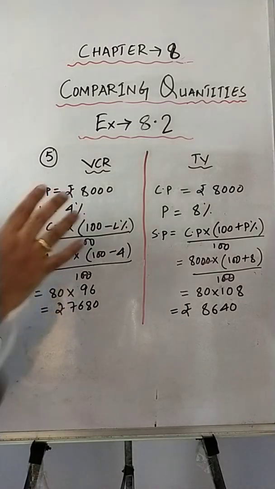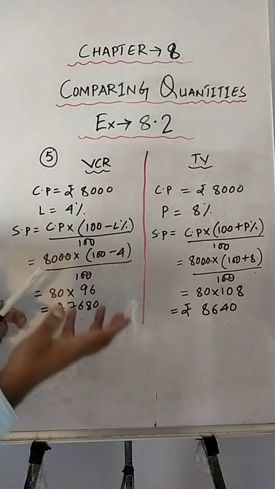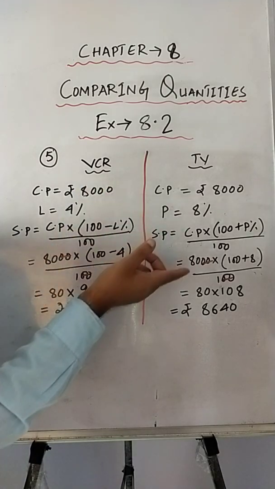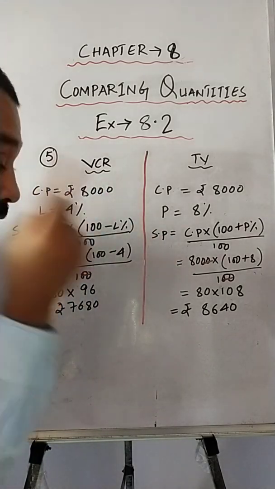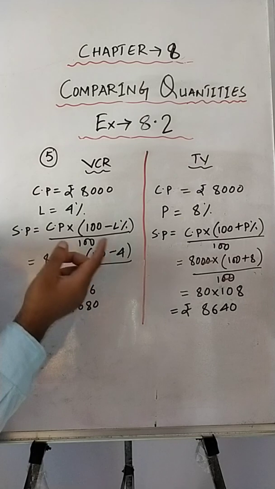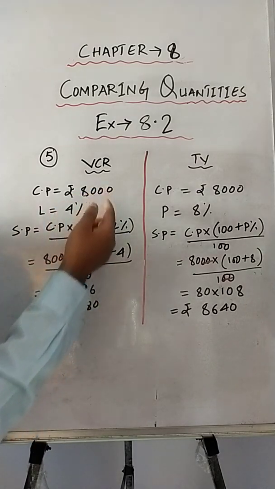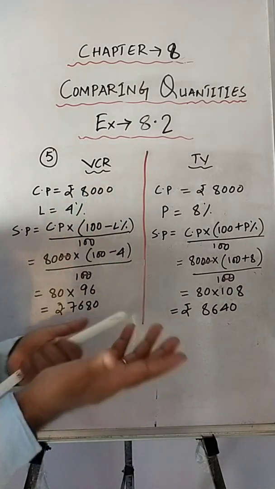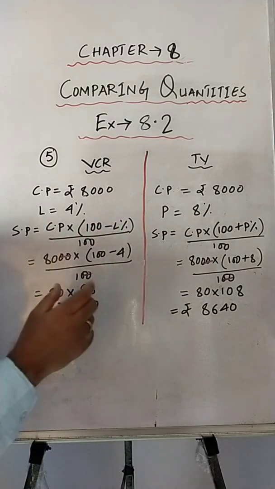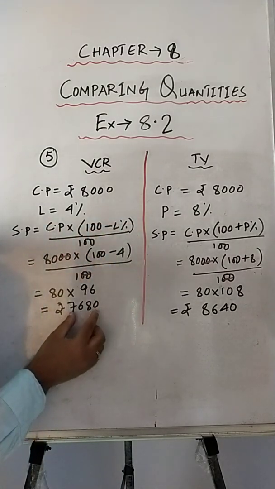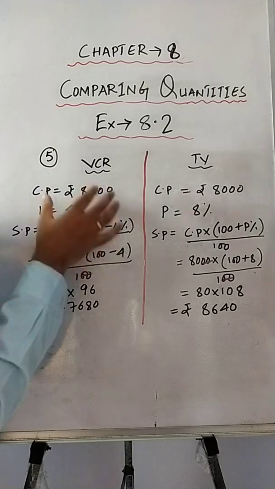So this is the logic that you have to use. Somehow if you see that your answer is coming more than 8,000 in case of loss, then you have to think how it is possible. Because if the selling price is more than the cost price, obviously you will make a profit.